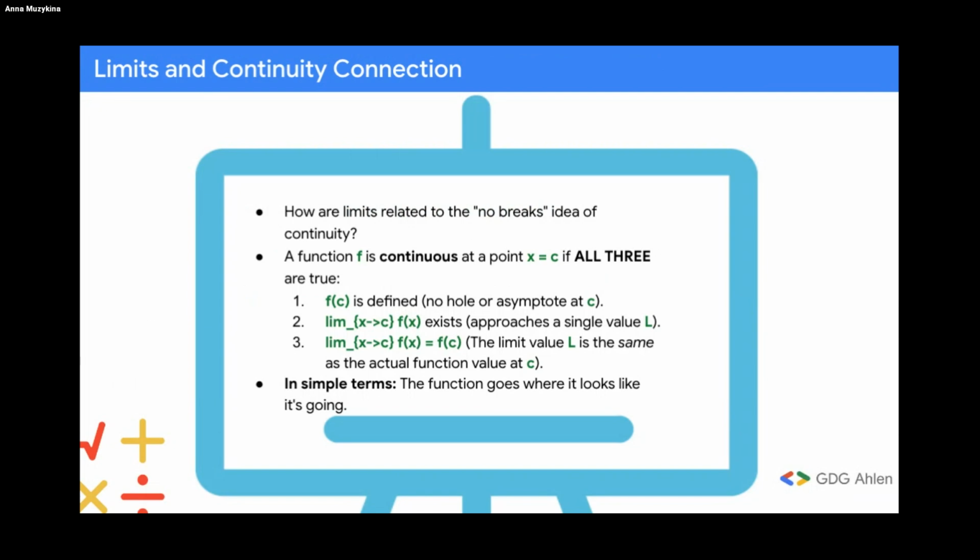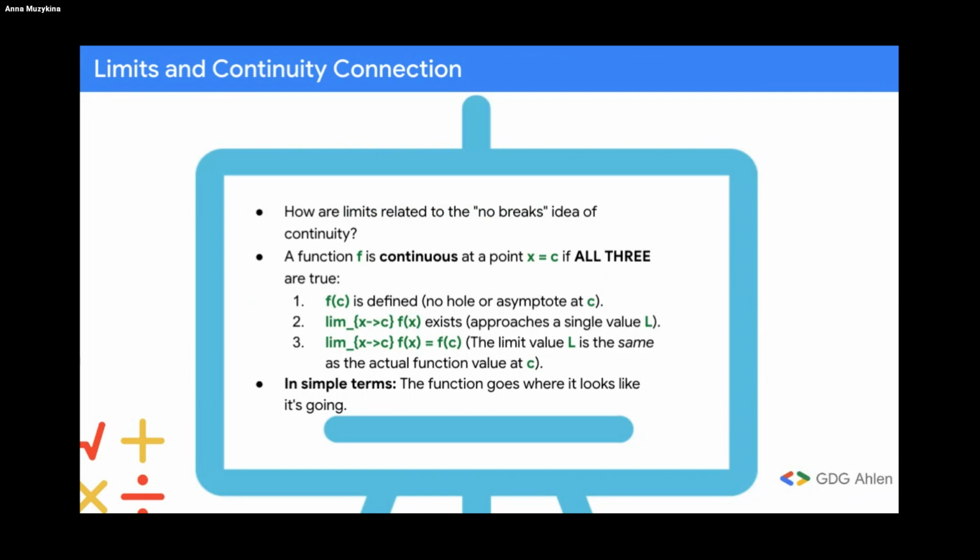Second, the limit of the function as x approaches c must exist. As we discussed, the function f of x must approach the same single finite value L as x gets close to c from both the left side and the right side.